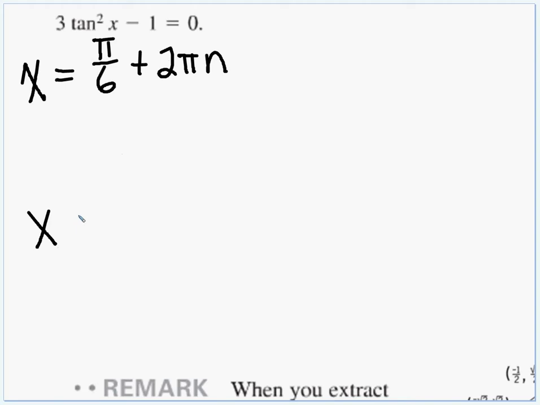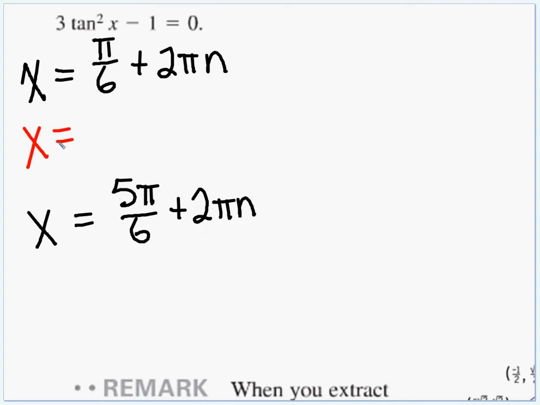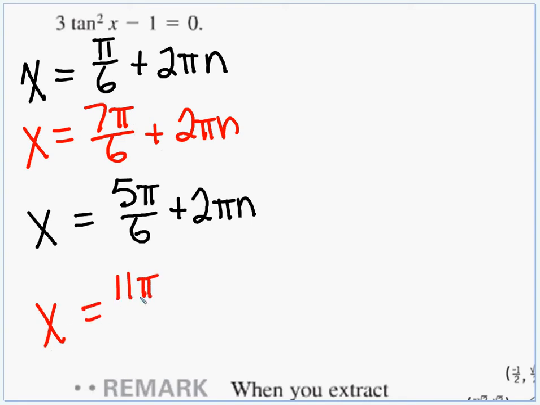And x is going to equal 5 pi over 6 plus 2 pi n. And then also x equals 7 pi over 6 plus 2 pi n. And finally 11 pi over 6 plus 2 pi n. We have 4 solutions and infinitely many when we take more and more trips around the unit circle.